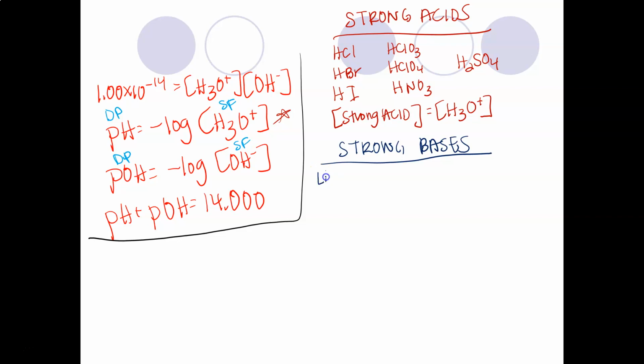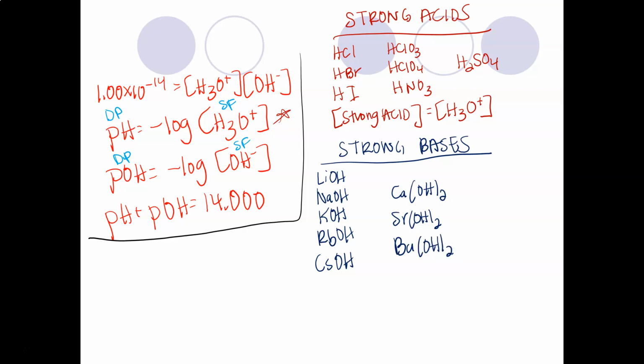So group 1 metals: lithium hydroxide, sodium hydroxide, potassium hydroxide, rubidium hydroxide, cesium hydroxide, calcium hydroxide, which, calcium being a +2, would have 2 hydroxides, strontium hydroxide, and barium hydroxide.